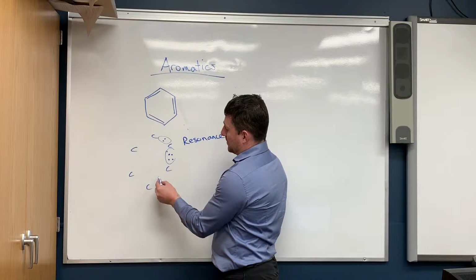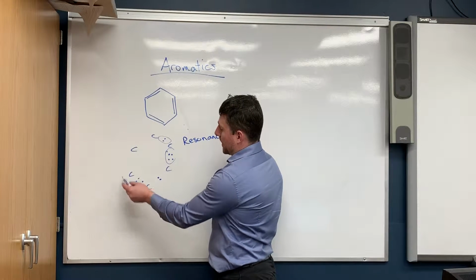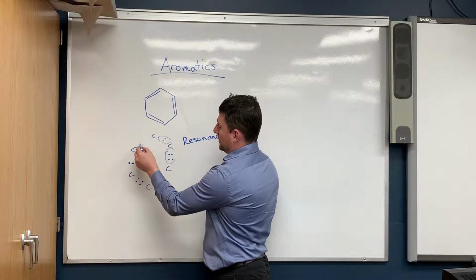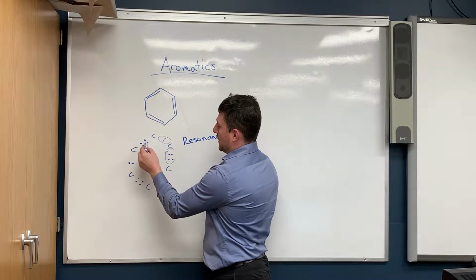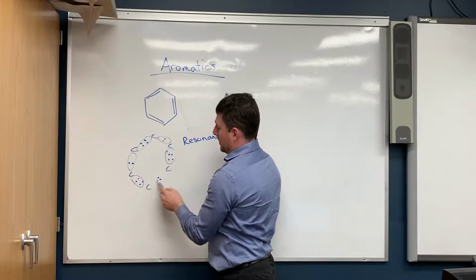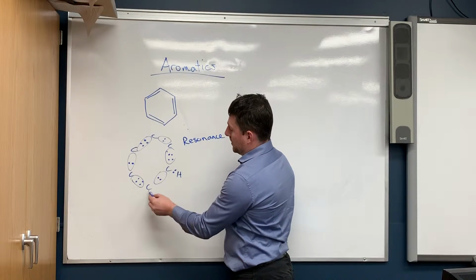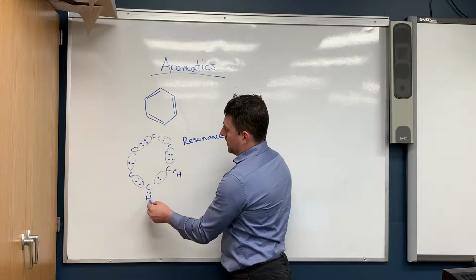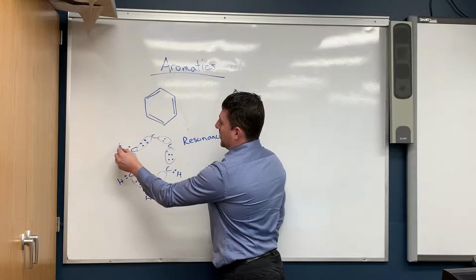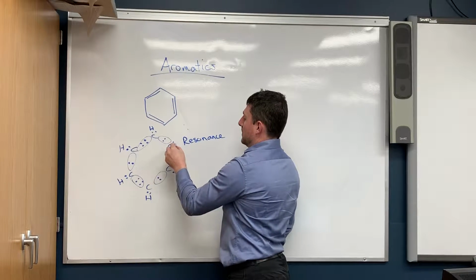And so for this particular structure, we have alternating 2 and 4 shared electrons between each of the atoms, and then of course there'd be 2 electrons shared with a hydrogen on each carbon. And so we're actually looking at the individual electrons now in benzene.